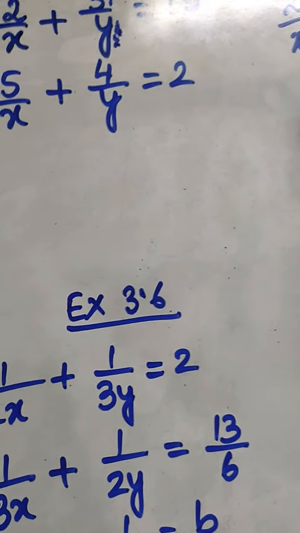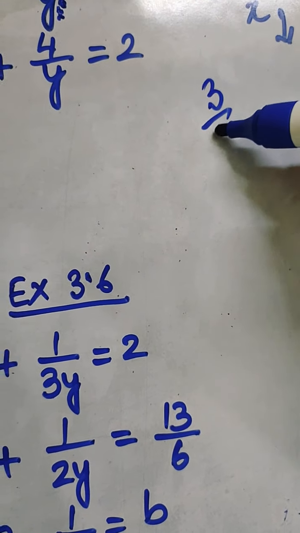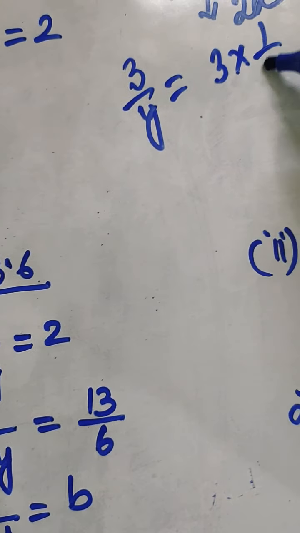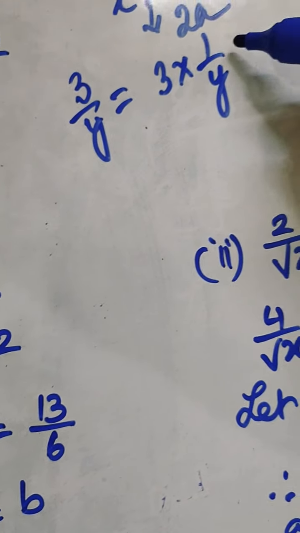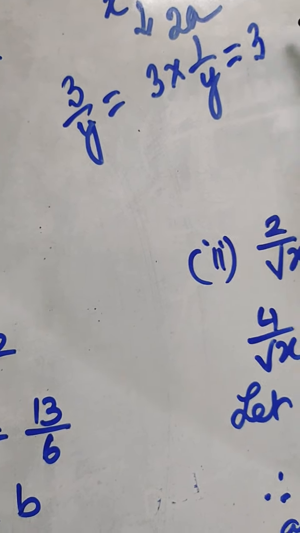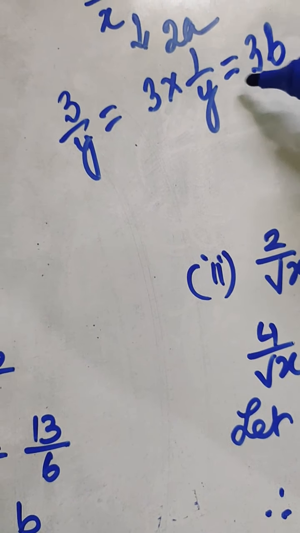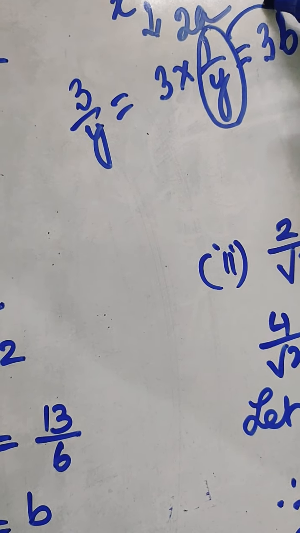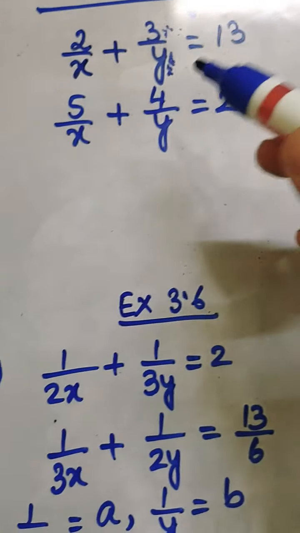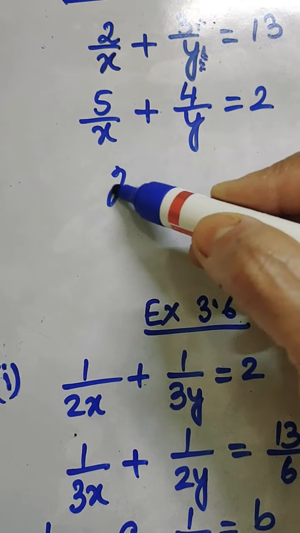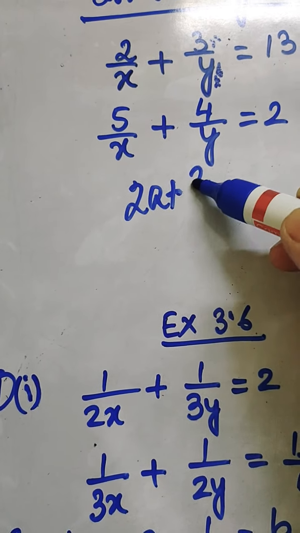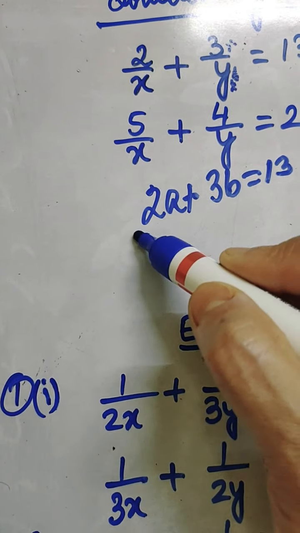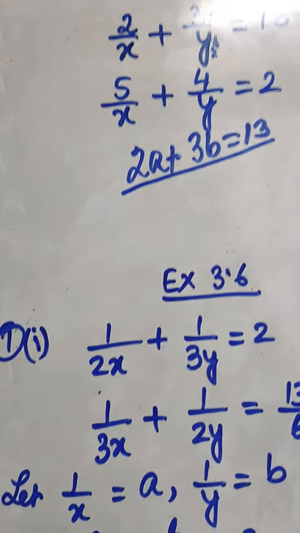In the same way, 3 by y means 3 into 1 by y, equal to 3b, where we are replacing 1 by y by b. Thus the equation reduces to 2a plus 3b equal to 13, which is purely a linear equation.